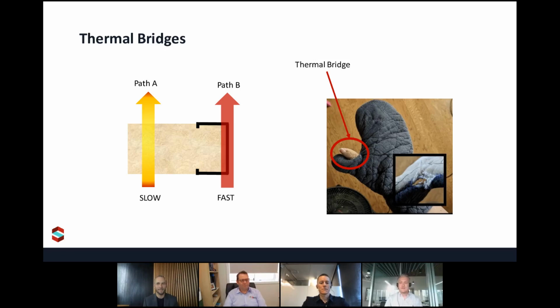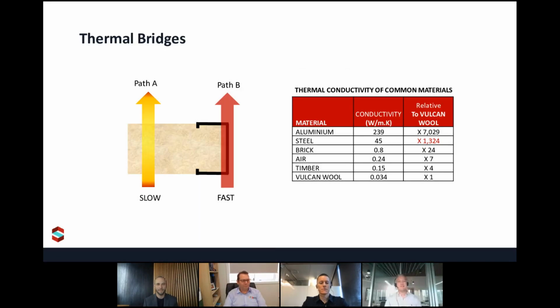So just how much faster does heat travel through the thermal bridges than through the insulation? So what you're looking at there is the section of a steel stud with insulation bats in between, and all things being the same, the heat traveling on path B, or through the stud, will be traveling a staggering 1,300 times faster than through the insulation bat.